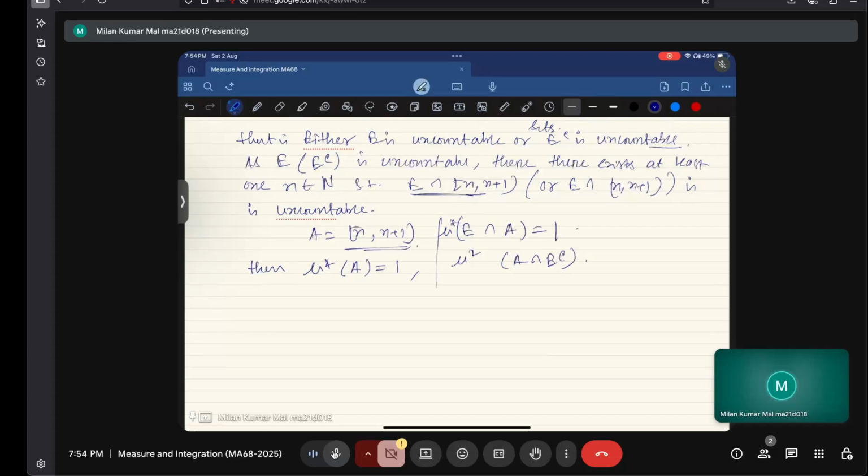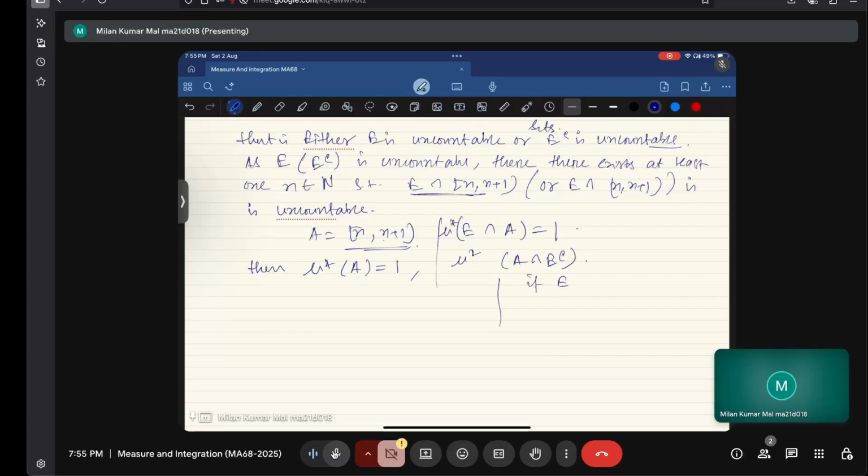Now, there are two cases, if E is completely contained in A, then in n to n plus 1 there are uncountably many points.